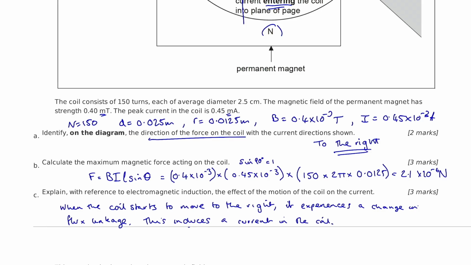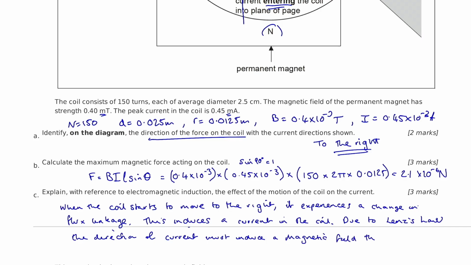That's easy enough. But due to Lenz's law, the direction of current must induce a magnetic field that opposes the change that causes it.